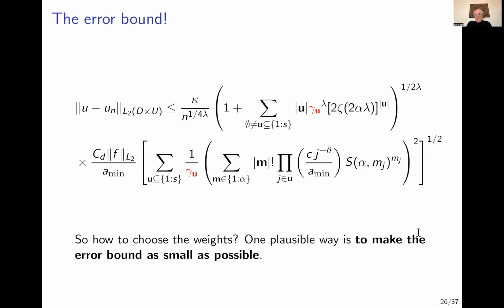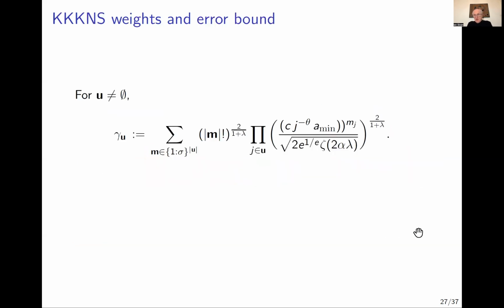And so the first thing we thought to do was to make it as small as possible, as I said, and in our five-author paper, we found a good choice for which we can prove things. So there it is.